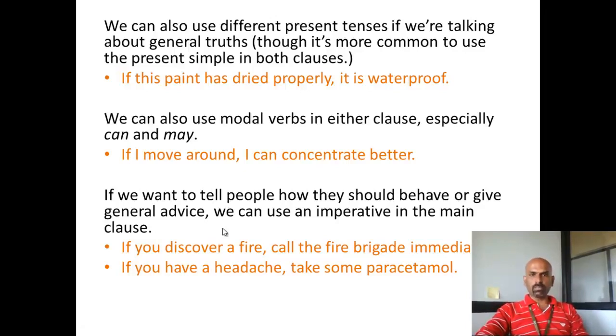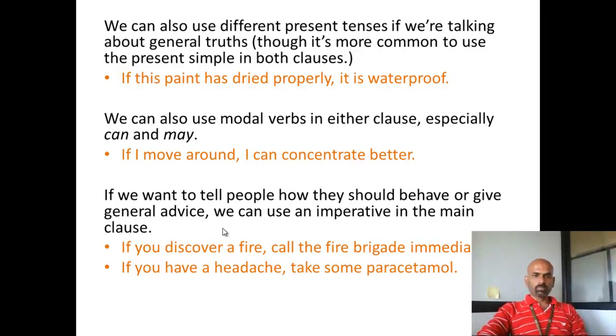Look at the next one. If you want to tell people how they should behave or give gentle advice, we can use an imperative in the main clause. An imperative is a kind of statement which issues an order, sometimes it can be a request also.